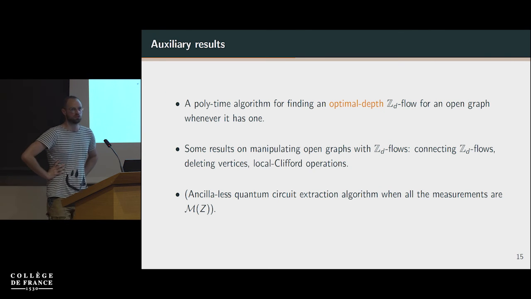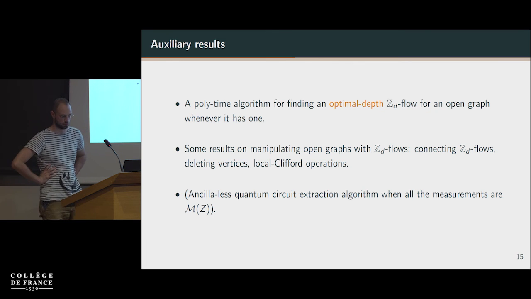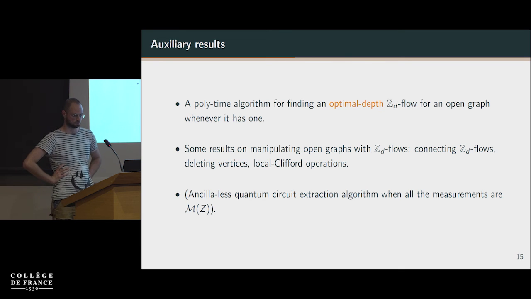Now, we also have a handful of auxiliary results. Firstly, we have a polynomial time algorithm for finding a ZD flow for an open graph whenever it has one.